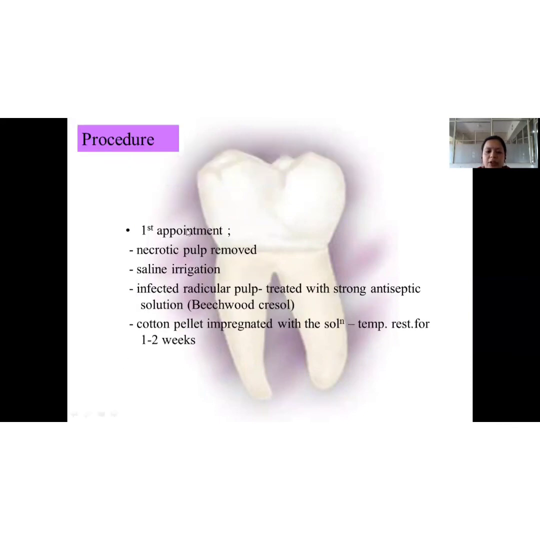What is the procedure? In the first appointment, the necrotic pulp is removed, the tooth is irrigated with saline, and the infected radicular pulp is treated with a strong antiseptic solution, that is formocresol, impregnated for 4 minutes, with temporary restoration for 1 to 2 weeks.